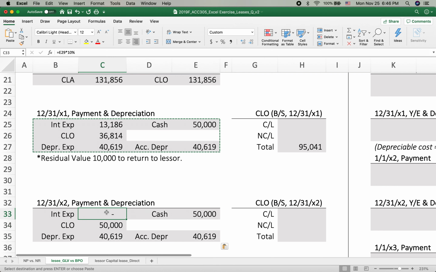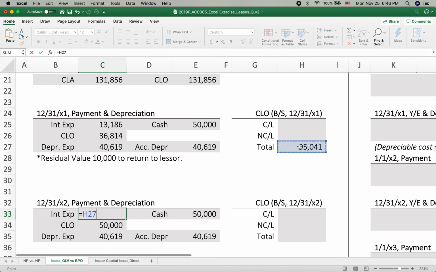Then, how much is the interest expense? Because we have been using one year of this obligation. So this amount is 95,000. 41 times 10% is interest expense they should recognize.